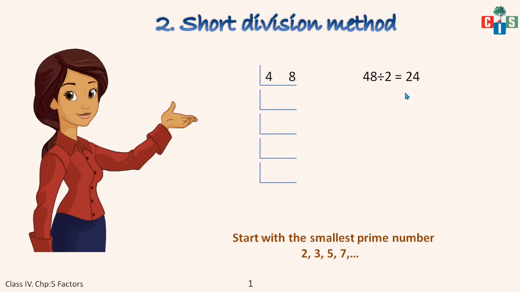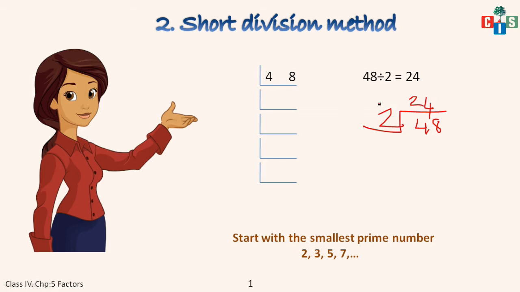So 48 divided by 2 will give me 24. Now students, I will explain in a bit different way. In division you have to perform division. Initially what you do, you write 2 here, you write 48 here, and you write 24 as a quotient above the dividend. Now in this type of division, see how it is represented.